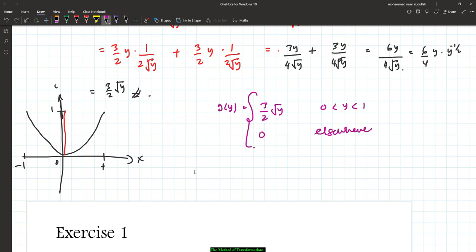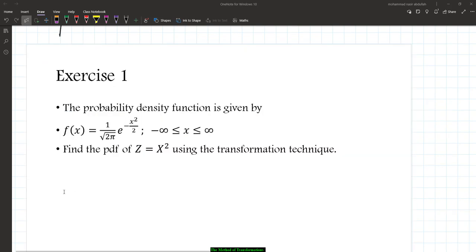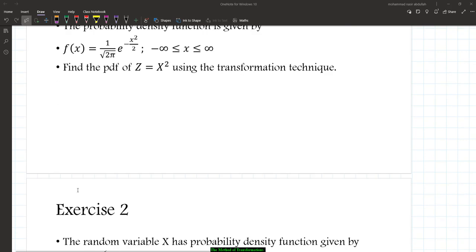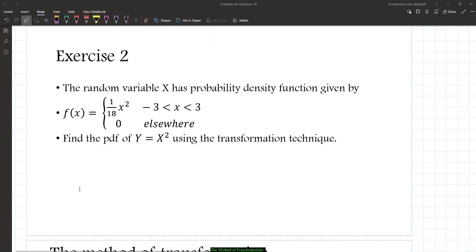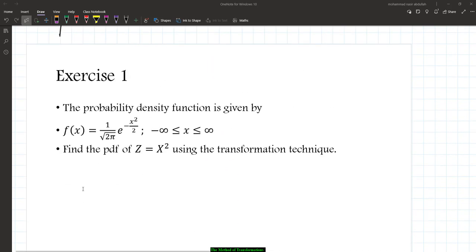Alright. Any questions so far? Buku insyaAllah dapat hari Jumaat nantilah. So hari Jumaat dapat exercise number 1 and exercise number 2. Please copy. Benda yang sama, lebih kurang sama saja.